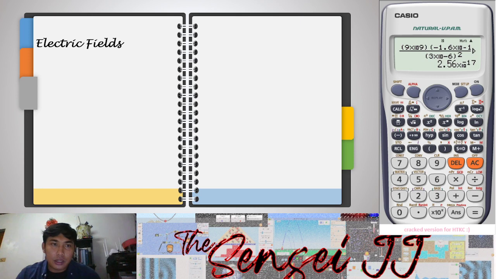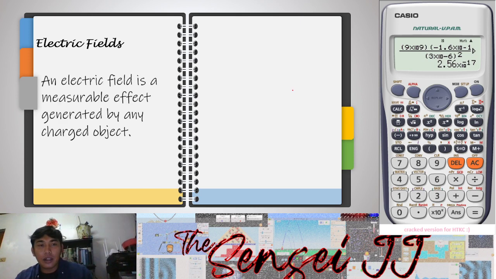So electric fields. What are electric fields, sir? An electric field is a measurable effect generated by any charged object. So magkakaroon tayo ng electric field whenever we enter an area where electricity is present.